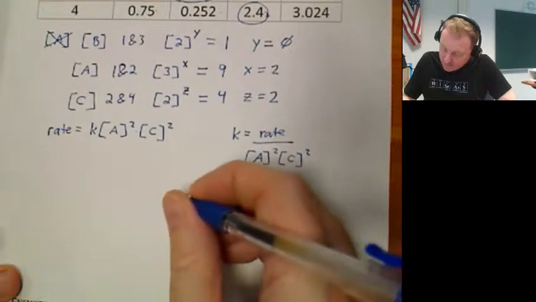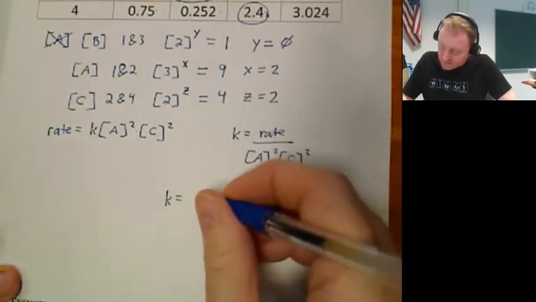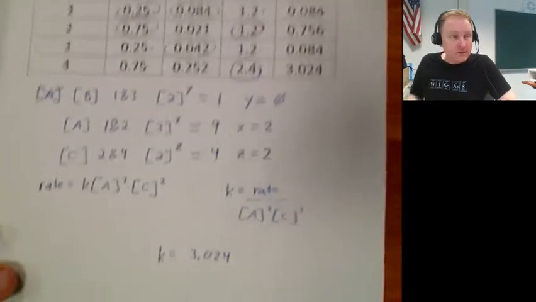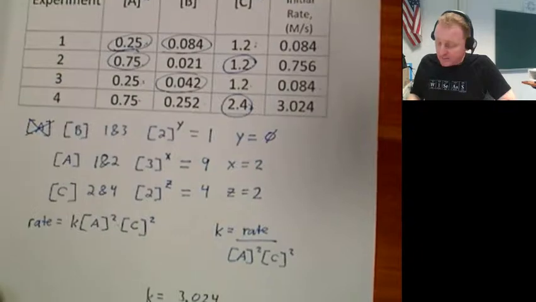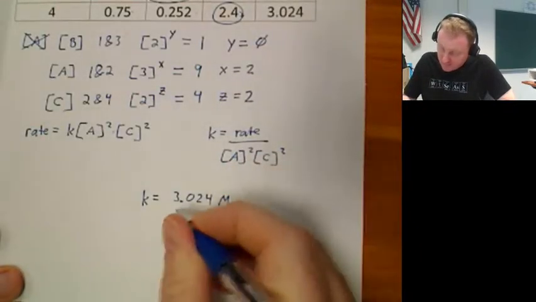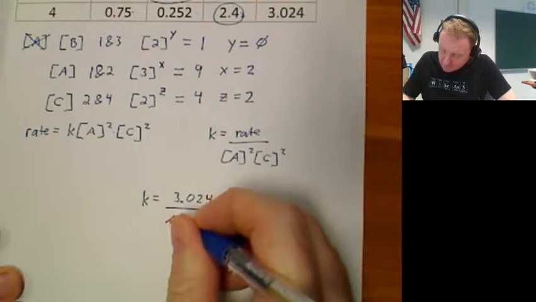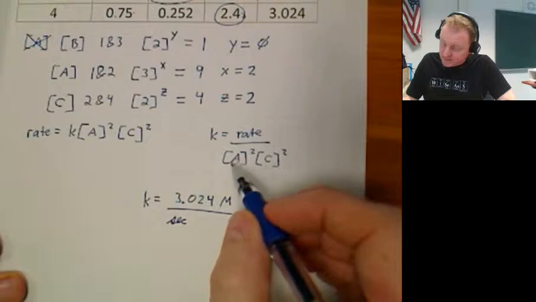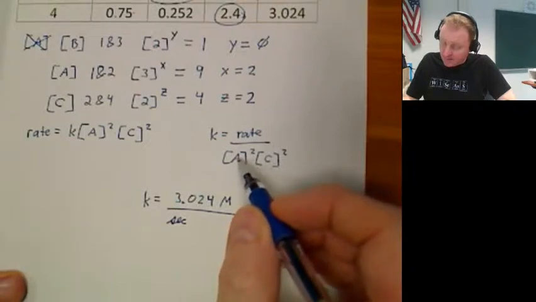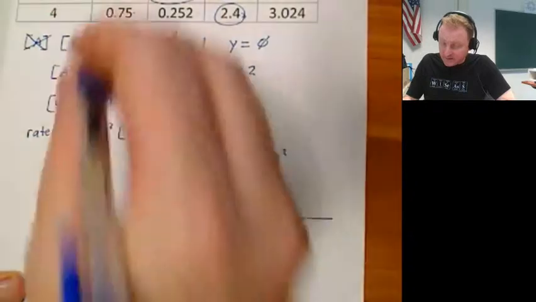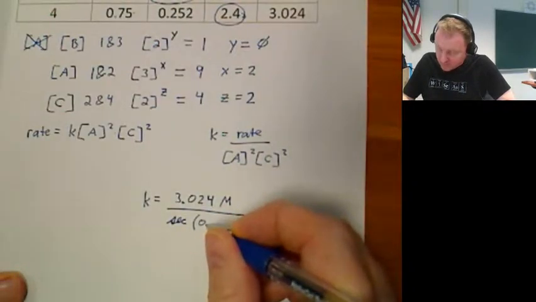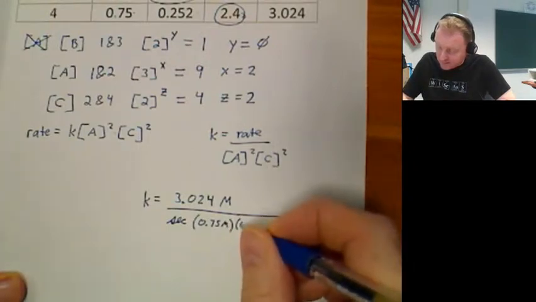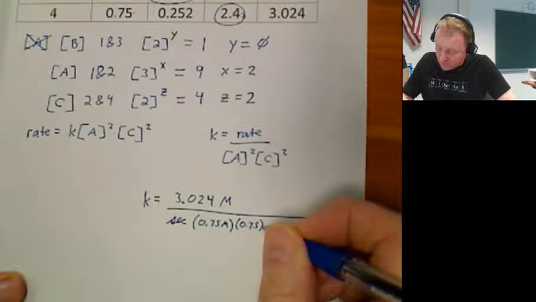So K equals the rate, which is 3.024. And what's the unit for that? That is molarity per second. So I'm going to put molarity per second because that's on the denominator. And in our equation, we're going to put A squared as a denominator. So I'm going to put 0.75 molarity, but it's squared, so let's just put it again, 0.75 molarity.